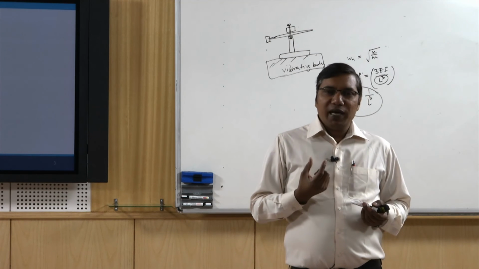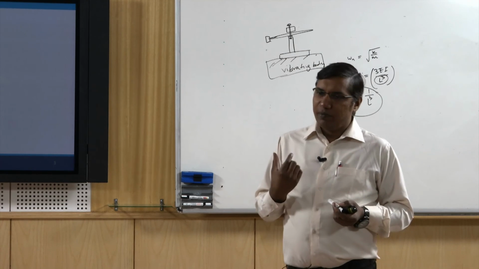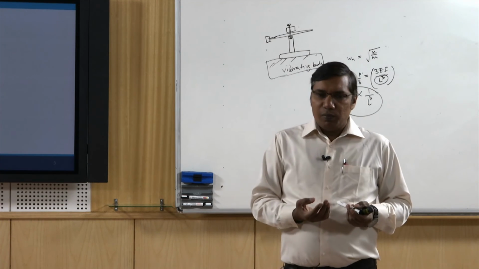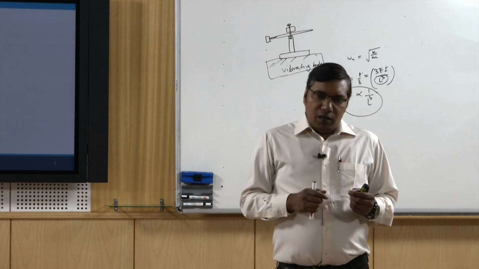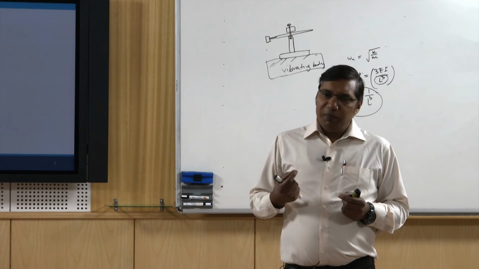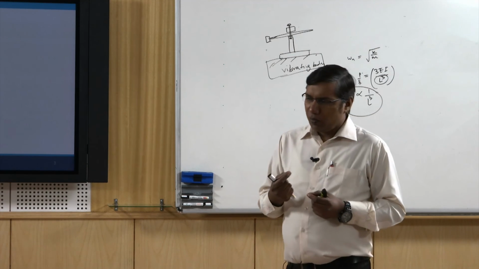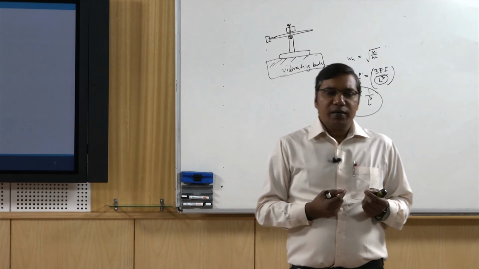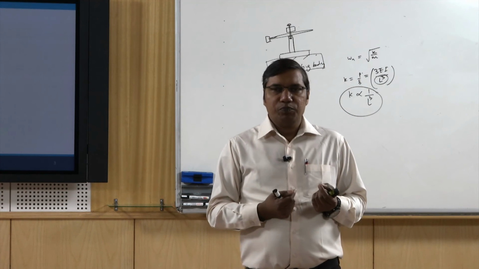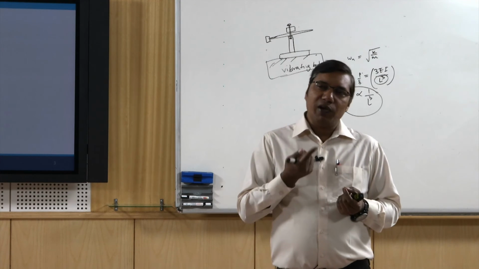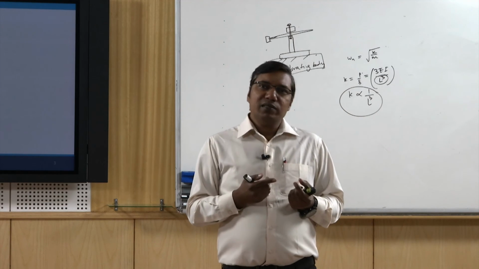If we want to measure the frequency of a vibrating structure, we attach this instrument to that structure, and of course we know the range of the frequency of this cantilever and the possible range of the frequency of that structure. Now we keep changing the length of the cantilever and see at which length the mass of the cantilever vibrates with large amplitude, because that is the resonance condition.